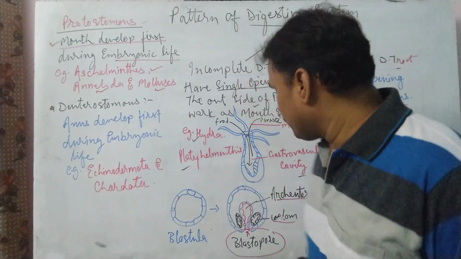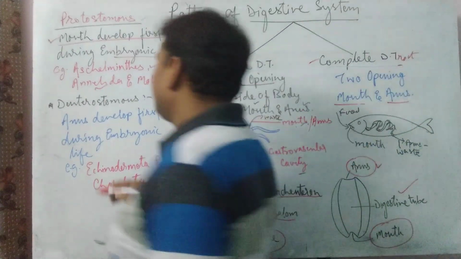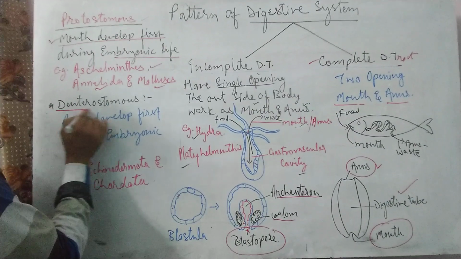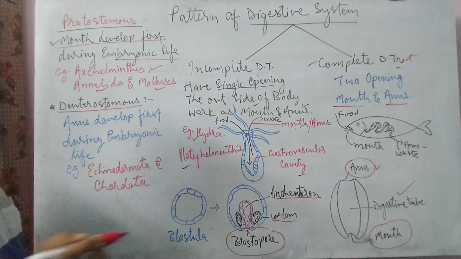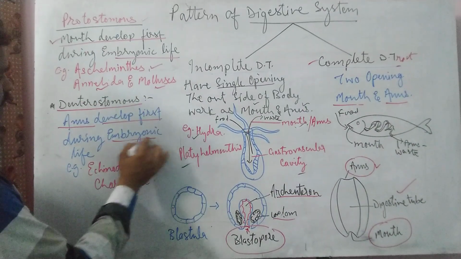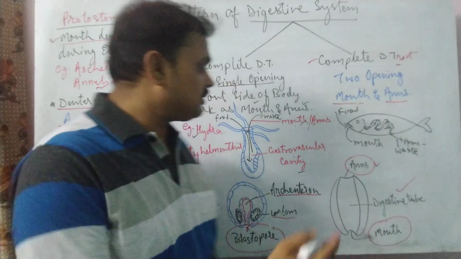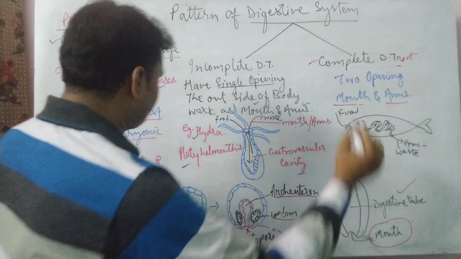Second, as we talked about, sometimes the anus develops first. So we call them deuterostomes. We find that in their embryonic life cycle the anus develops first.